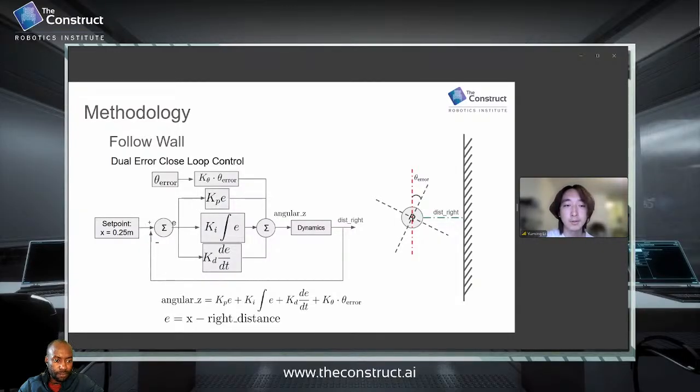In the second task, which is the core feature of this robot, I used a dual error closed loop control. You can see I drew a diagram here, where we compared the set point, the desired distance, with the right distance, to get an error value.